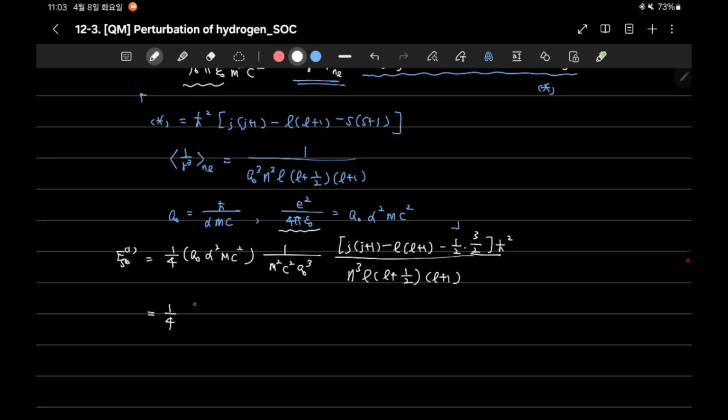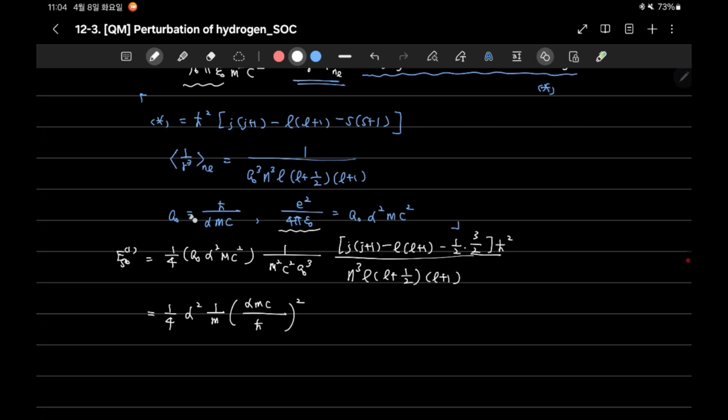Here mc square sort of cancel with each other, alpha square c square cancel with each other, and 1 over m, and a0, 1 over a0 square, it makes that alpha mc over h bar square.